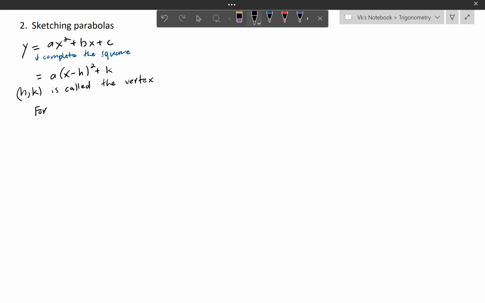For a more than 0, the parabola goes this way. This is the point (h, k), and this is the shape of the parabola.